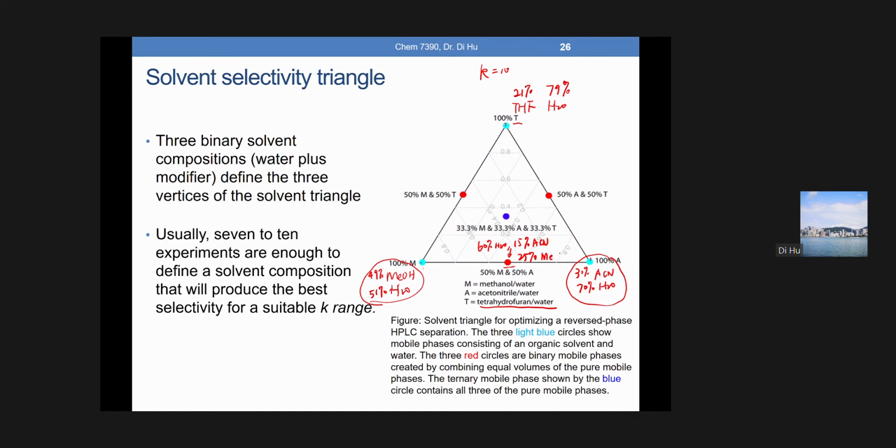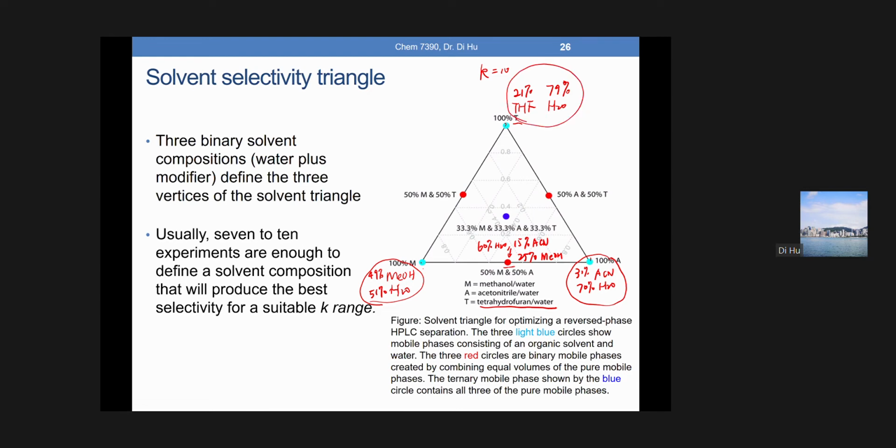You can try this one for this dot. And if that does not work, you can try this other dot. Of course, you can start from T or whatever, that's just if I start here. Then I try this one, which is 50% of this mixture and 50% of that mixture.